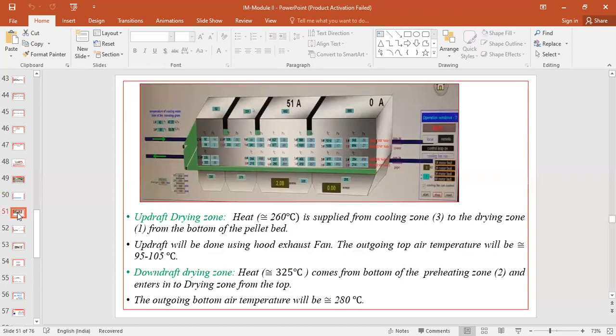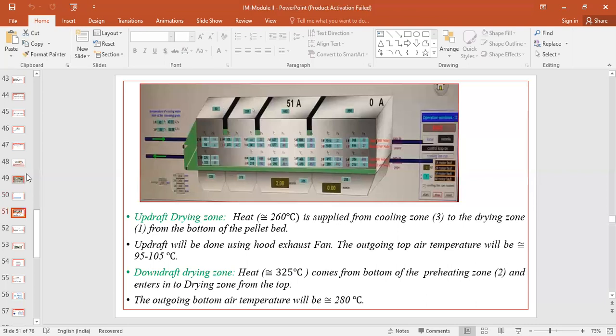We'll see what is happening in the updraft drying zone and from where the heat is coming, the amount of heat which is required for the drying of the pellets. So from where we are receiving that heat, that we'll discuss now.